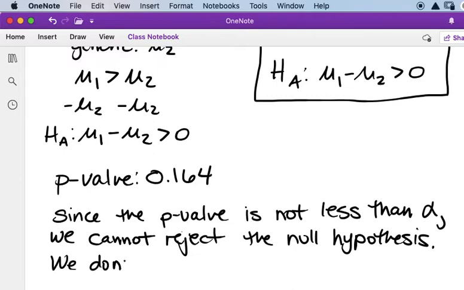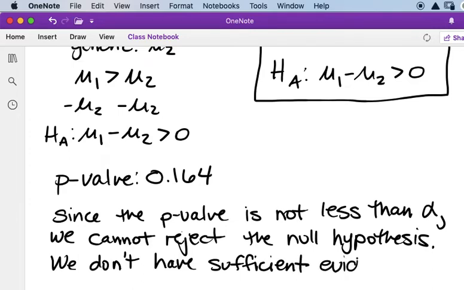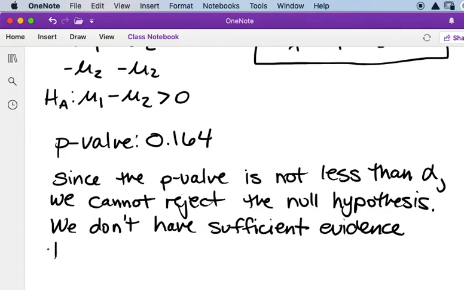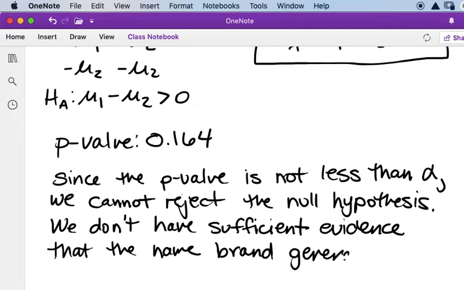So we don't have sufficient evidence that the name brand generates more pages. So that's my conclusion.